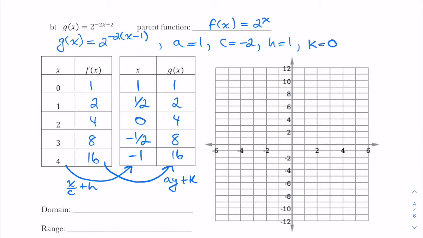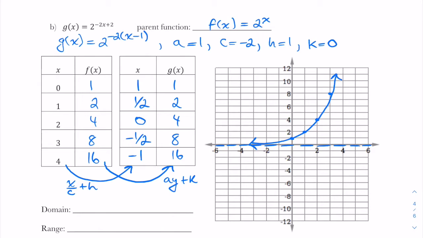All right, let's plot our parent function first. Once again, only plot the points that you have room for. And don't forget to sketch the asymptote. Next, we'll do the transformation in a different color.